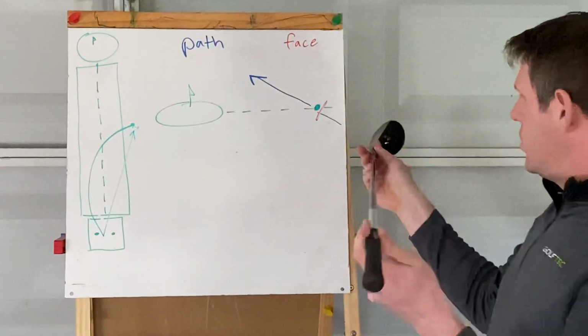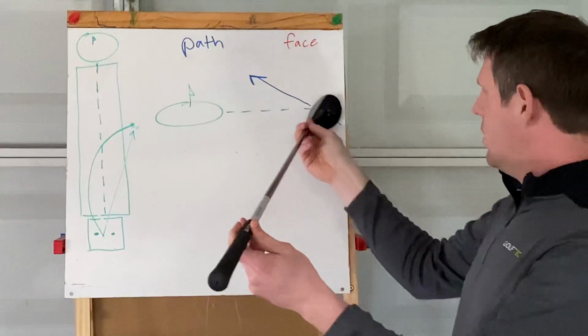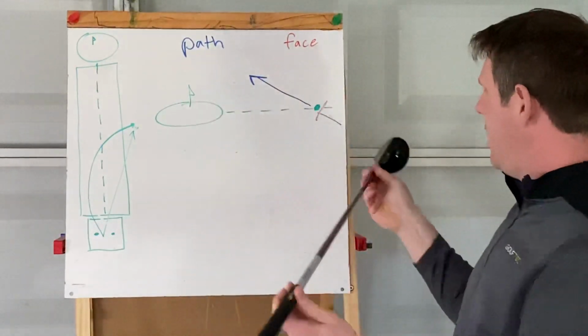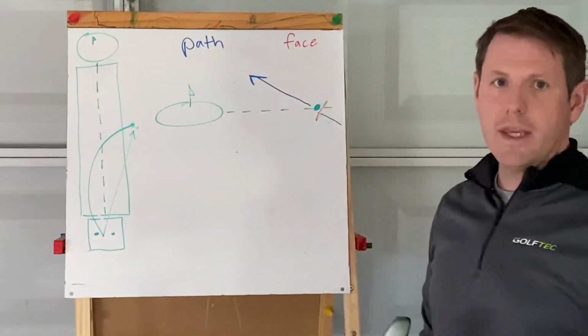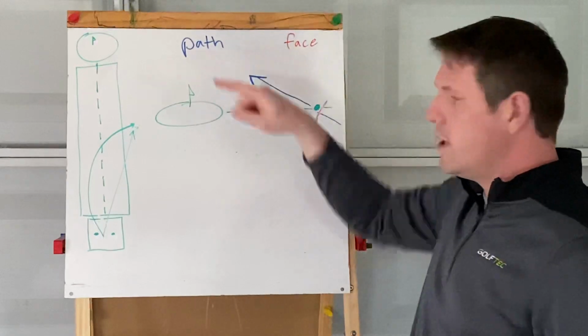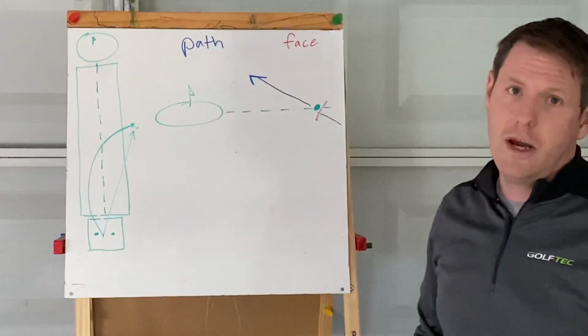So the demonstration would go like this. The club is moving on the path like that, and the club face is also square to that path. That ball is not going to have side spin that will make it curve. It will just go directly to the right of the green or the right of the target in this scenario.